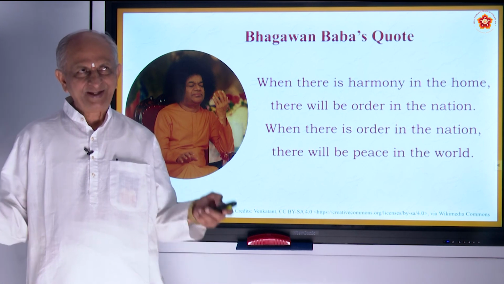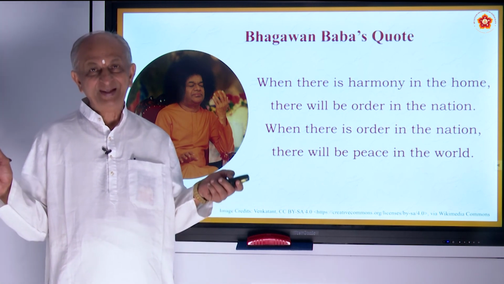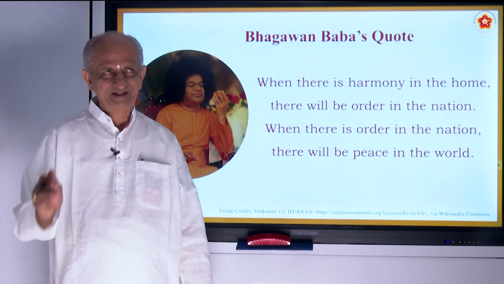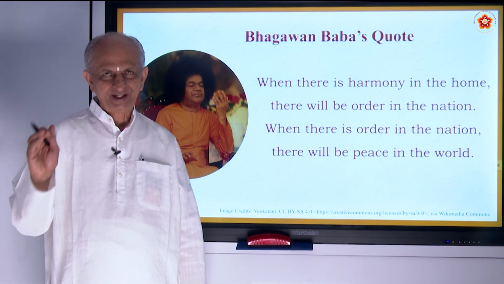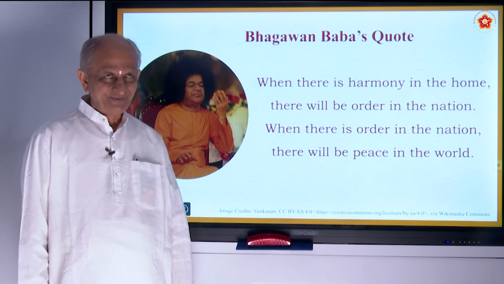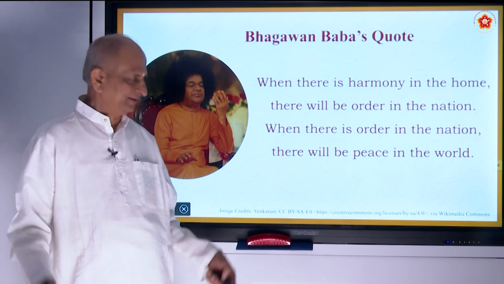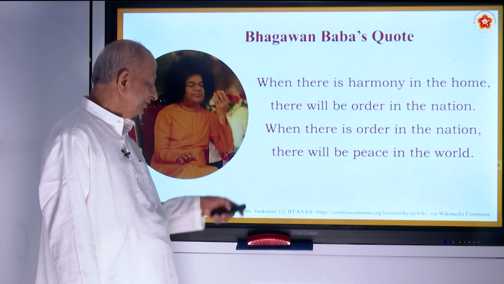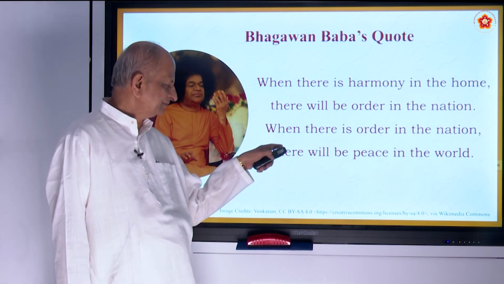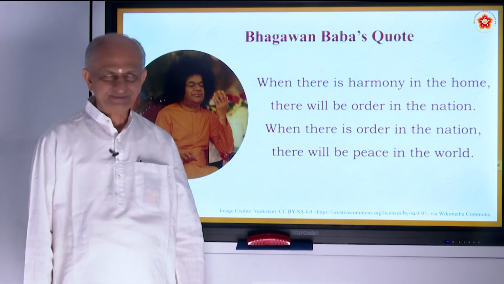So in countries like India, a peace loving country, that's why we chant Om Shanti Shanti Shanti. We pray for our peace and peace of the whole world. So if the nation is in order, there will be peace in the world. Correct?